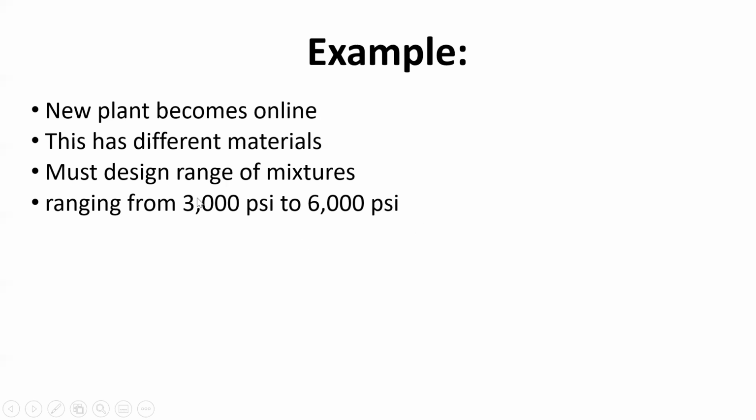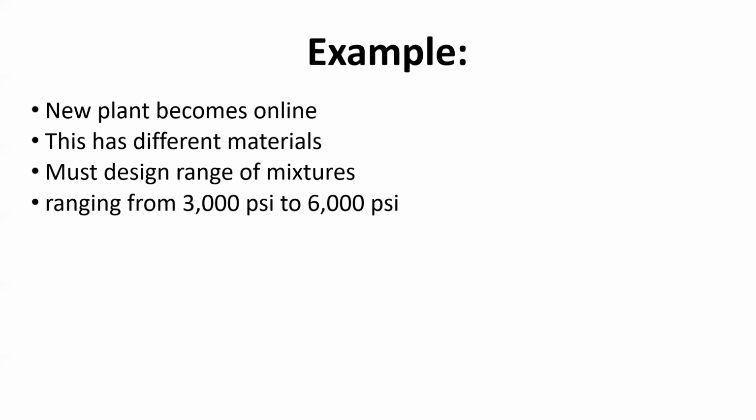So in essence, they needed mixes that ranged from 3,000 PSI to 6,000 PSI, because that's the majority of concrete. It's either air entrained or non-air entrained, and 3,000 is usually your minimum. 6,000 is usually the maximum that people will order. Every once in a while, you have people order something different, and then you just design a new mix.